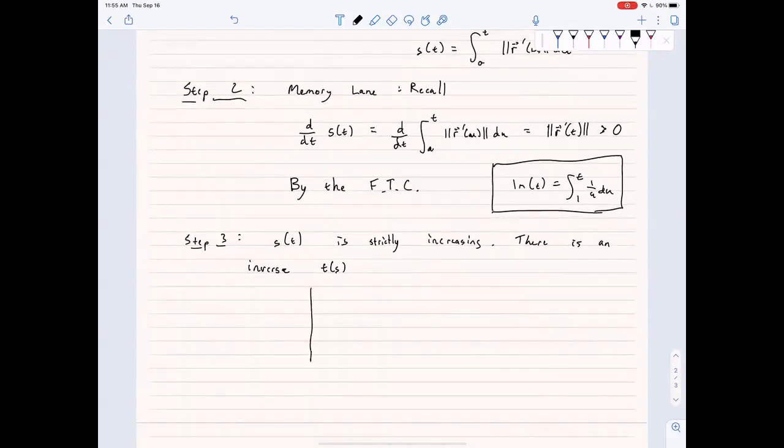And we all know how this looks. We have some increasing function from a to b. Say it goes like this, and this is t going to s of t. If you want to find the inverse, you just flip this over the t equals s line, and you'll get some kind of graph. I don't know, I didn't draw it very well.